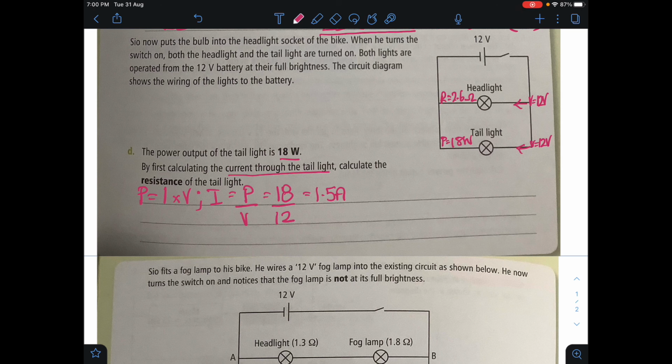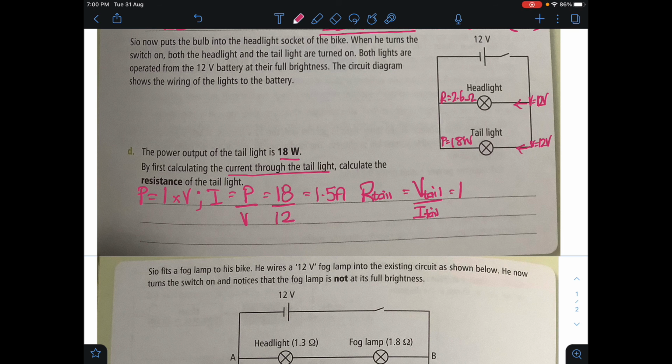So that's the current through the tail light, but that's not the end of the question because we now have to calculate the resistance of the tail light. So resistance, I'm going to call it R tail, is equal to the voltage going across the tail light over the current going through the tail light.